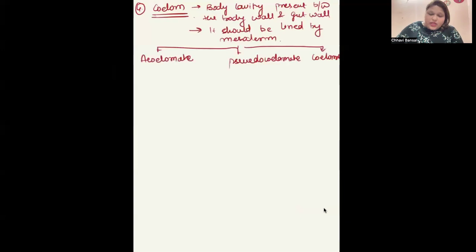Now, what's the difference? We saw how the triploblastic organism looks, right? So now we are going to discuss the triploblastic acoelomate. How will it look?